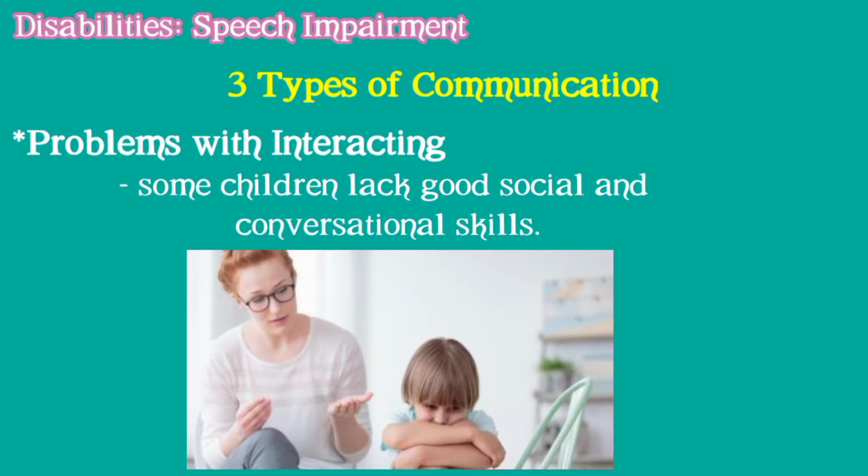So these are the students who don't know how to begin when they're having a conversation with somebody, or sometimes don't know how to end it. They may not even make eye contact with the person they are talking to.